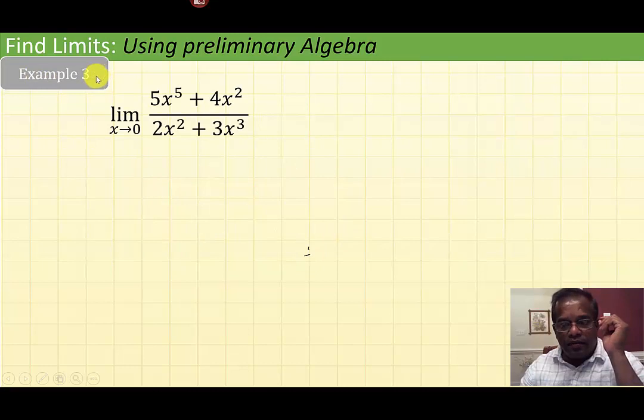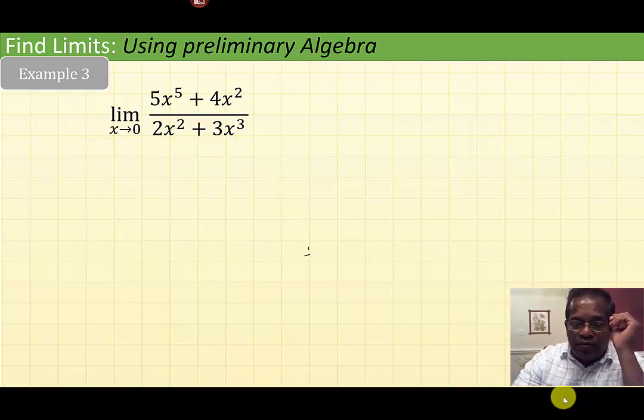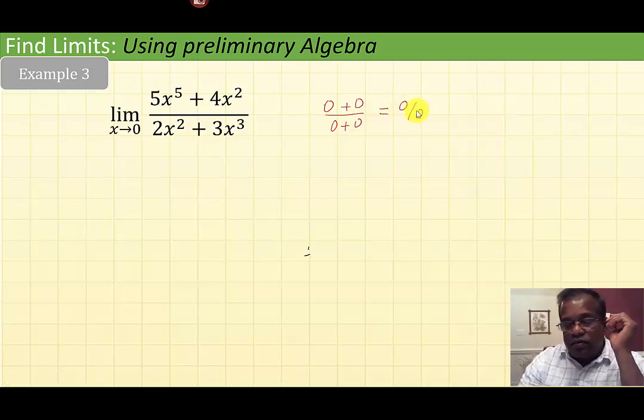Example number 3. Limit x approaches 0, 5x to the 5th plus 4x squared over 2x squared plus 3x to the 3rd. Now clearly, if you substitute the value of 0 here, you get 0 plus 0 in the numerator, and again 0 plus 0 in the denominator, which is 0 over 0. Now we need to try to simplify.